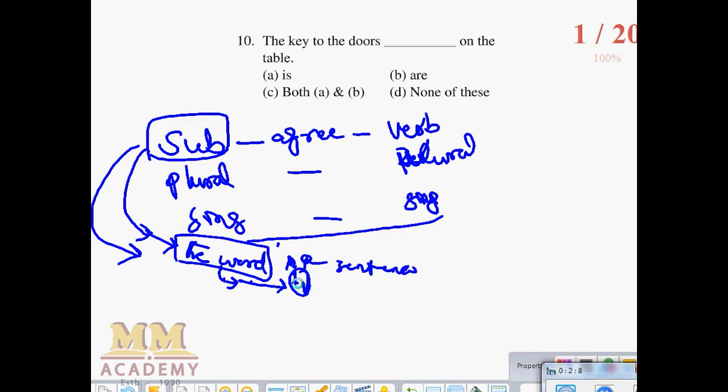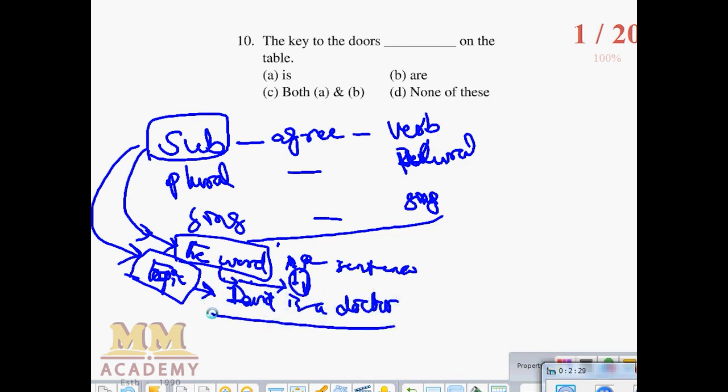The second identification of subject is that it may be the topic of a sentence, right? For example, if I say David is a doctor, we see no action here, we don't see any performer of action, but still we have a topic, and the topic is David.